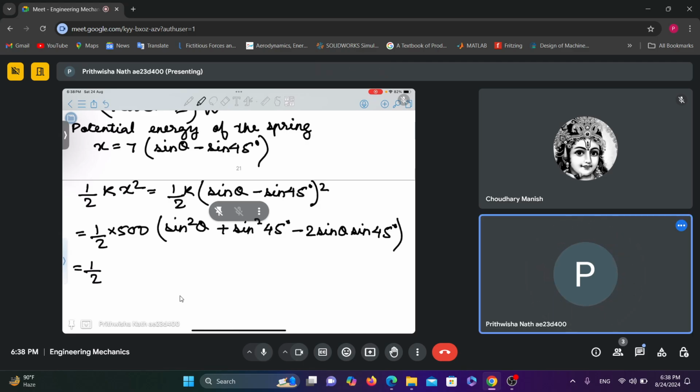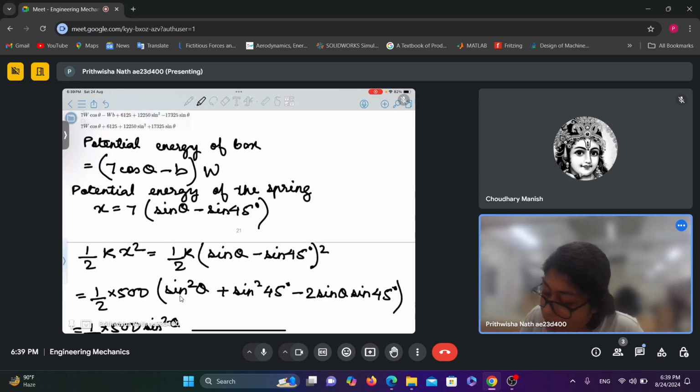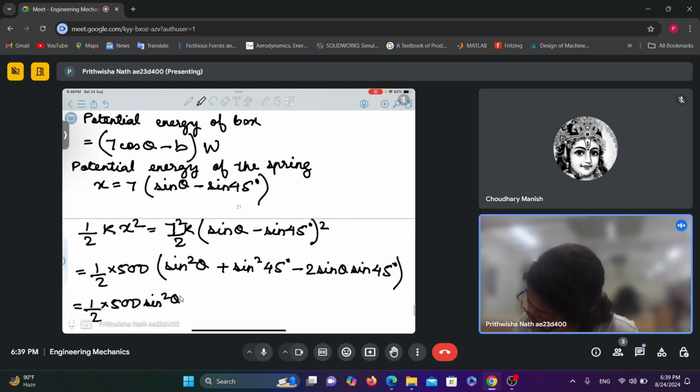There is a 7 here, I missed out 7 square. So there is 7 square here.